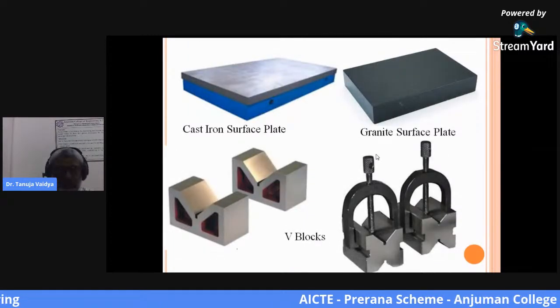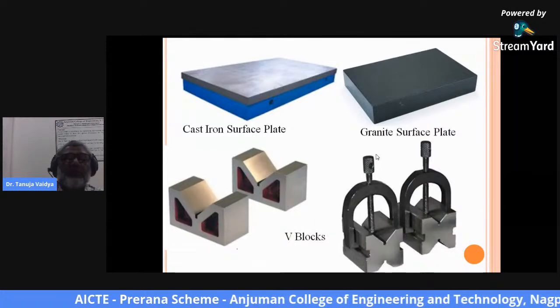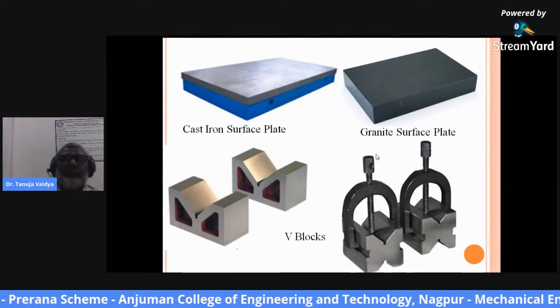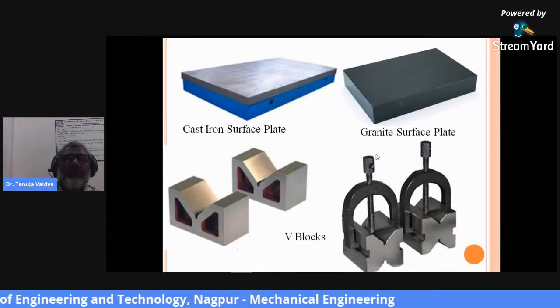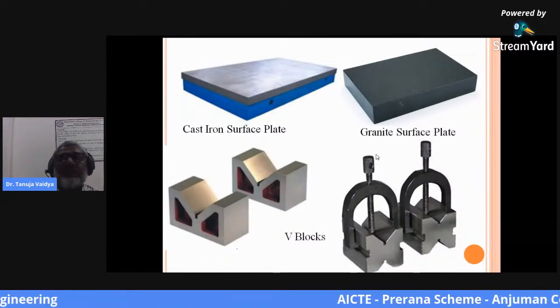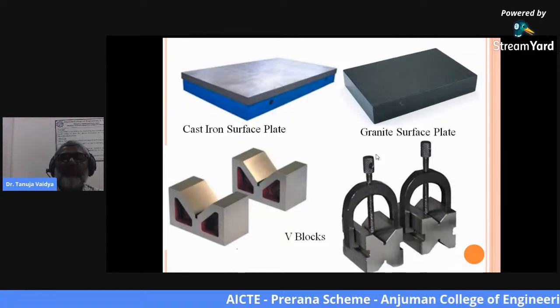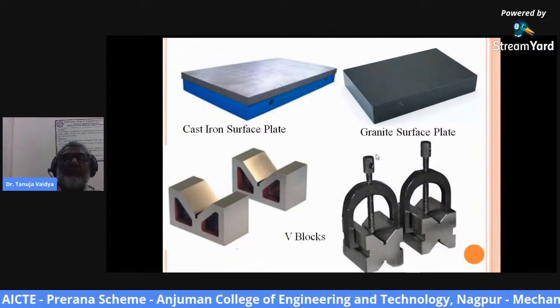Before trying to understand the various types of instruments, one of the most important things, which is part and parcel of the metrology lab and the measurement lab, is the surface plate. The surface plate is where you can place the part which you want to measure.